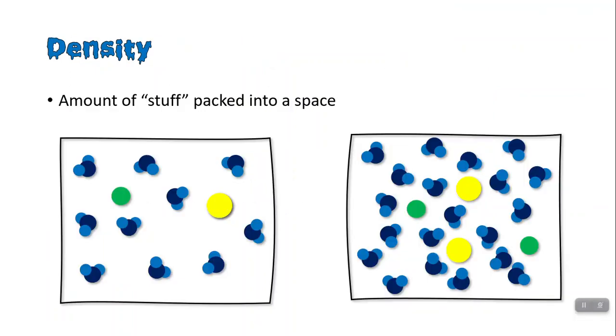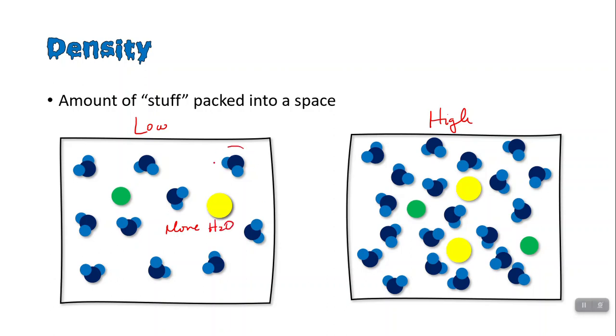Density is also an important factor, and it's going to become a really big deal when we start talking about ocean currents later on in Unit 4. Density is just the amount of stuff you have packed into a space. So one of these two diagrams has a much lower density. And hopefully you figured out that this one has low density and this one has high density. Notice that it's more dense because we have more water.